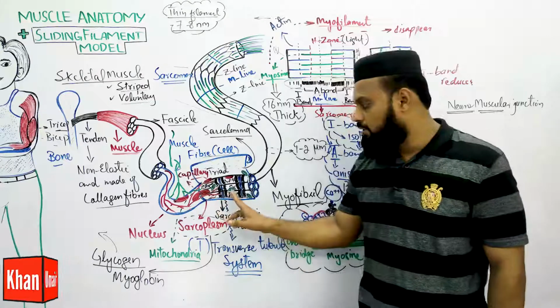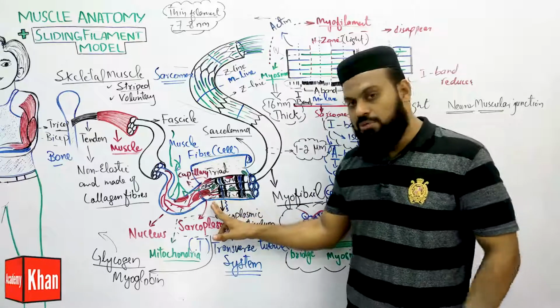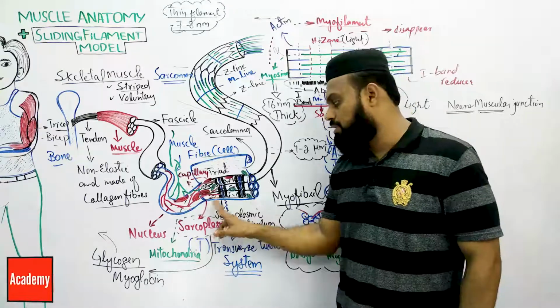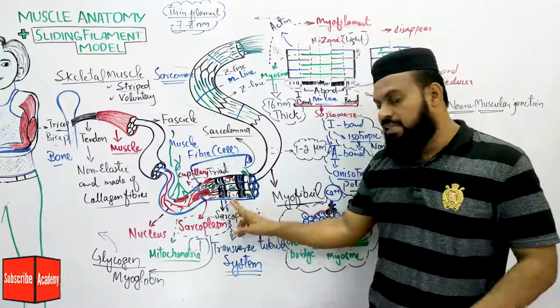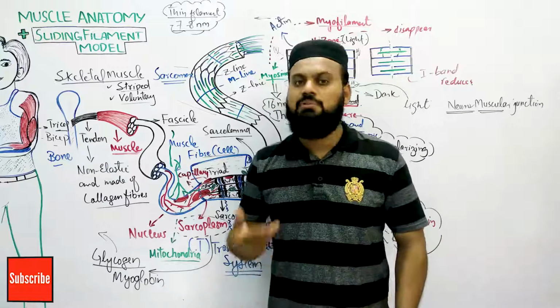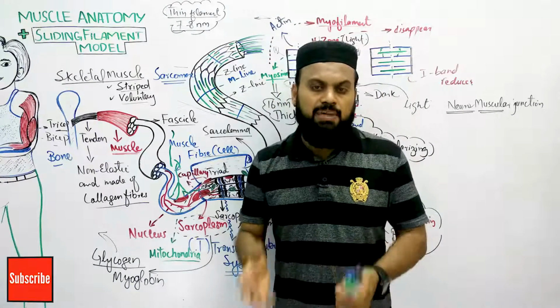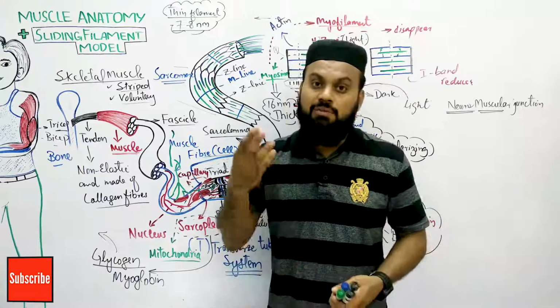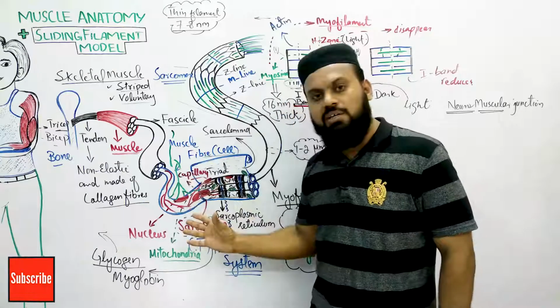So mitochondria works, the sarcoplasmic reticulum works, the T tubule works, and calcium is released through the sarcoplasm. It moves in extracellular spaces, so the sarcoplasm works. Everything is working over here.